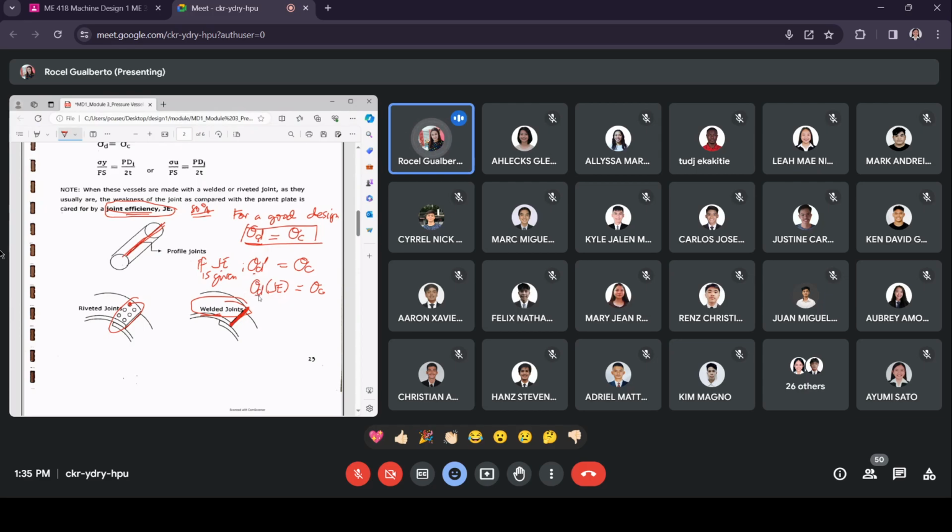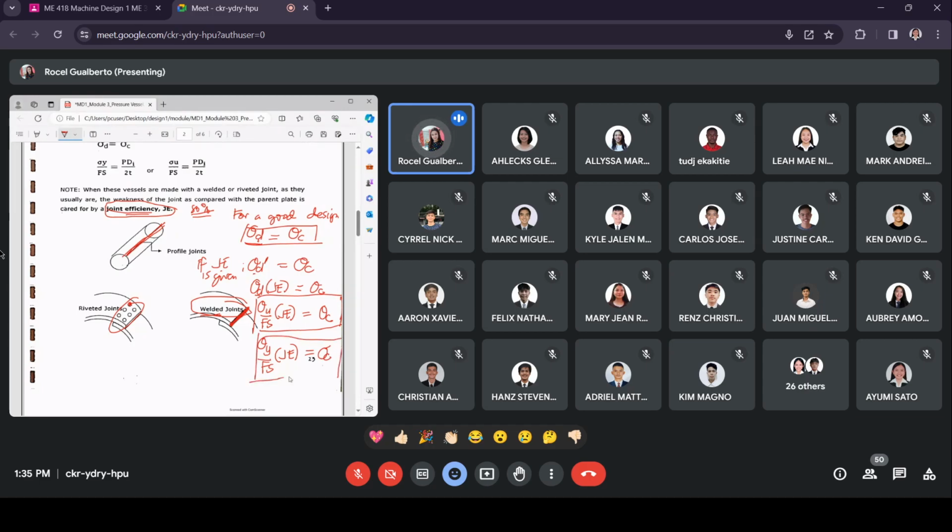So this sigma d can be sigma u over fs, then multiplied by the joint efficiency, equal to sigma sub c. This is when the design is based on the ultimate. If the design is based on yield, this is sigma y over fs multiplied by the joint efficiency, equal to sigma sub c.